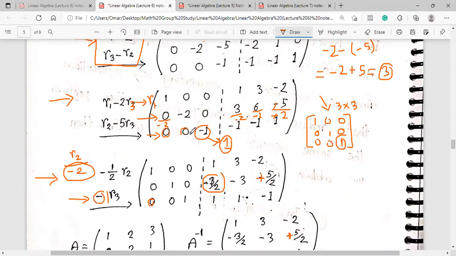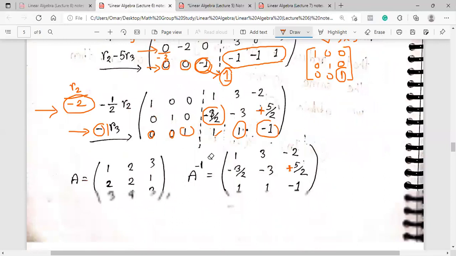Minus 1 into 0, that means 0. Minus 1 into minus 1, that is plus 1. I mean, their sign will get reversed. If you multiply some number with minus, the sign gets reversed. So minus 1 will become plus 1, minus 1 will become plus 1, and 1 will become minus 1, okay?